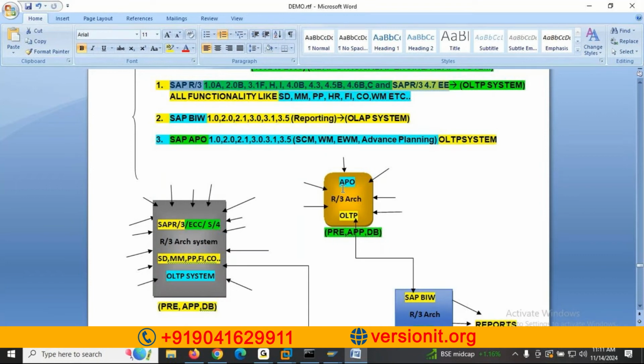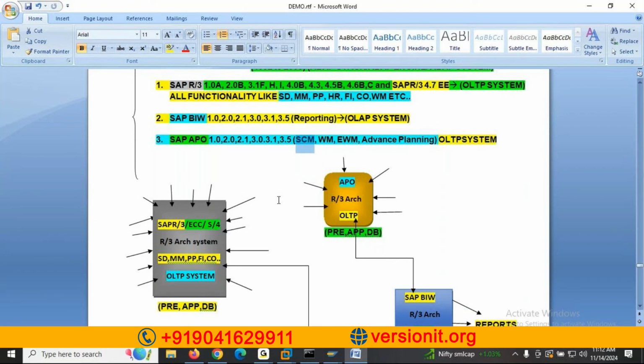In 1998, SAP has designed a new system with additional features of SCM.